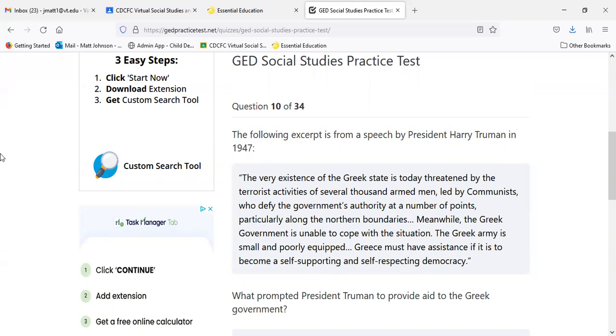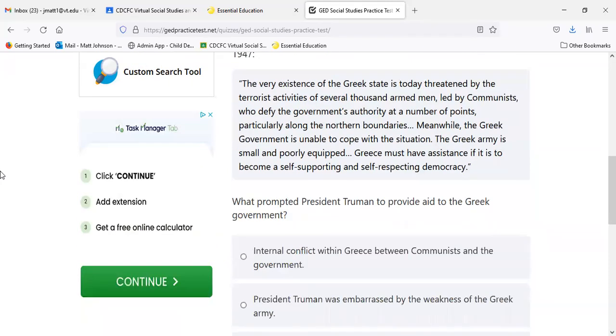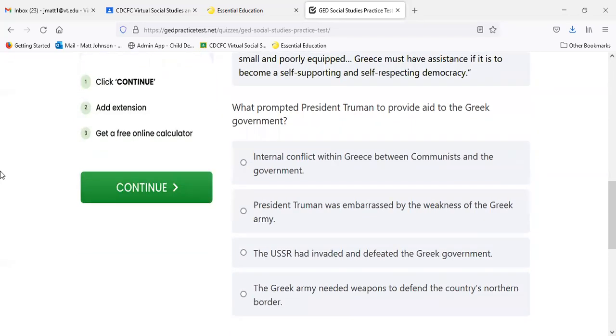What prompted Truman to provide aid to the Greek government? Mariama, was it A, internal conflict within Greece between communists and the government? B, President Truman was embarrassed by the weakness of the Greek army? C, the USSR had invaded and defeated the Greek government?